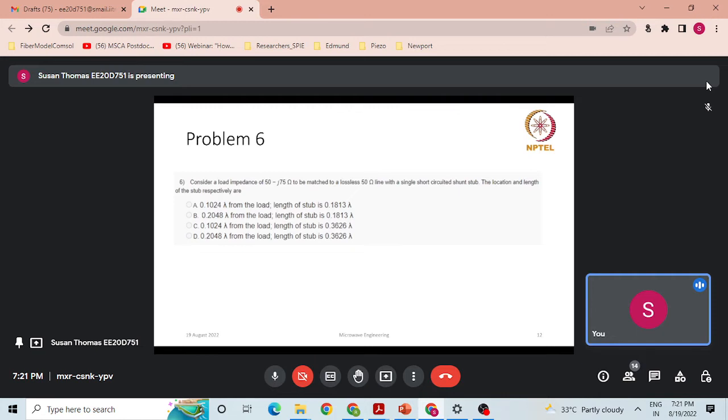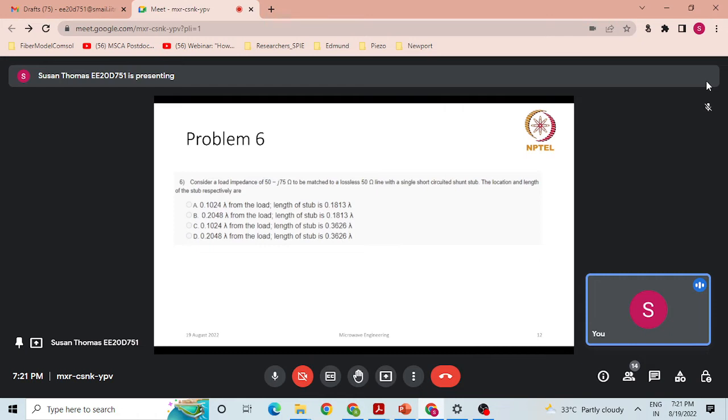Okay. So this question is not an L section network. This is slightly different. In the beginning I had told about series stub and shunt stub. That is also a matching network which can be used to match Z0 to ZL.